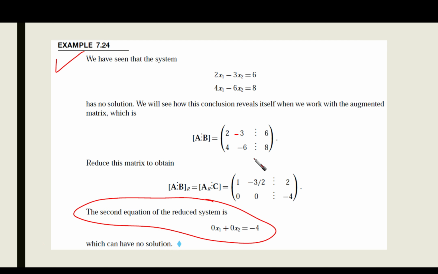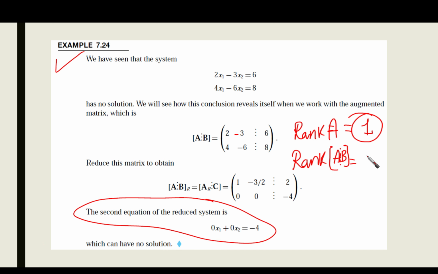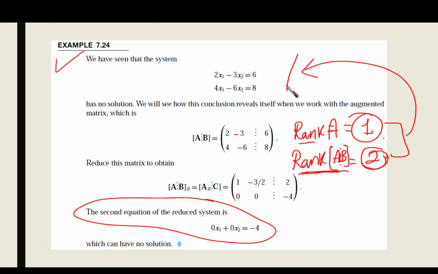If you remember when I was talking about the rank, the rank of the matrix A equals 1 from the reduced form, and the rank of the augmented matrix, which is A, B here, is 2, because the reduced form of it has 2 non-zero rows. Whenever the rank of A is less than the rank of the augmented matrix, as you can see, this is 1 and this is 2, this means that the system does not have a solution.